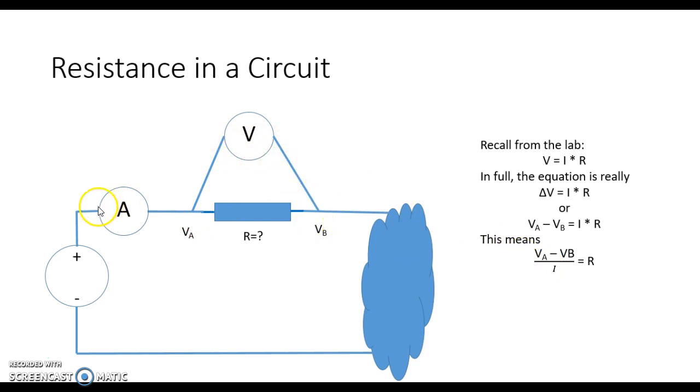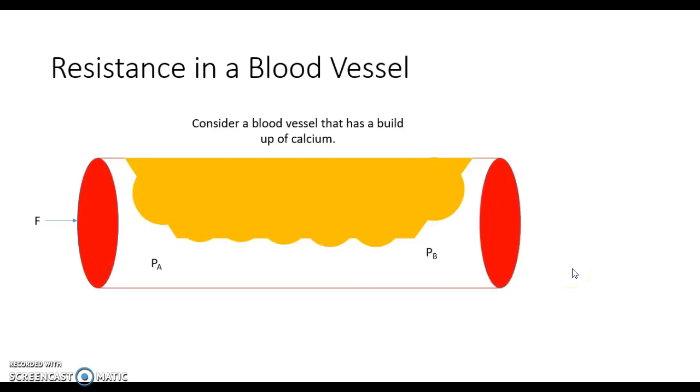I also need the current going through that component, which I can find by connecting the ammeter in series with that component, because the current in series is going to be the same. Then I can take that voltage drop across those two points, and this should be a lowercase b, divided by the current passing through that component, and I will be able to find the resistance.